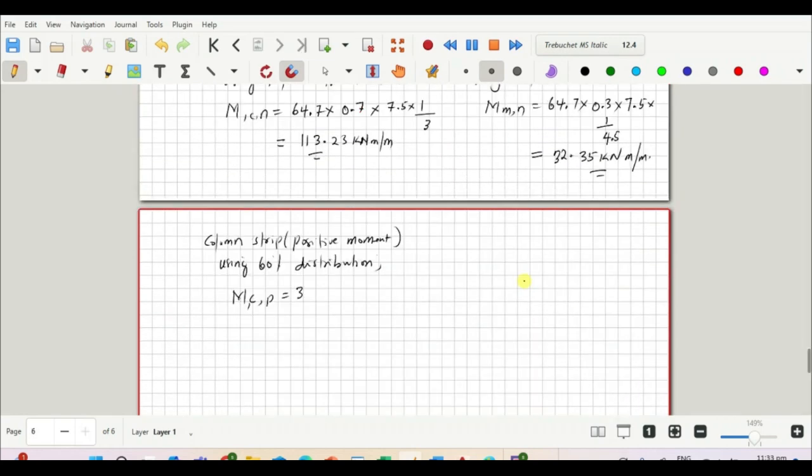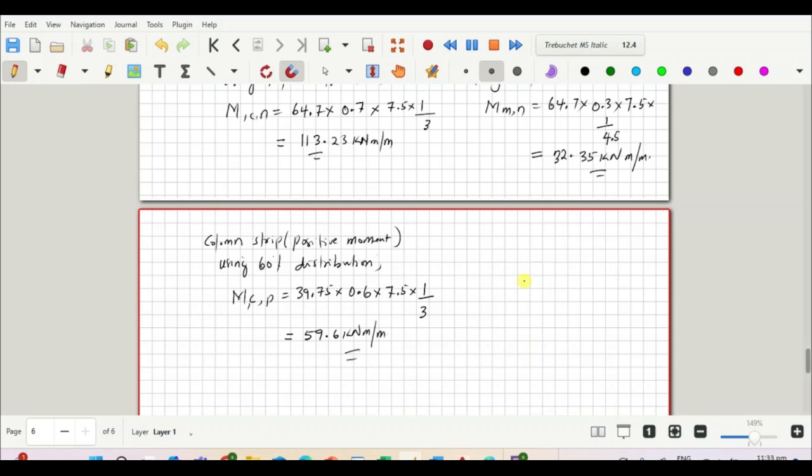Moment 39.75 multiplied by the percentage 0.6, multiplied by the span LX, which is 7.5, multiplied by 1 on the width of the column strip, which is 3. If we solve this, we will have a moment of 59.6 kilonewton meter per meter.